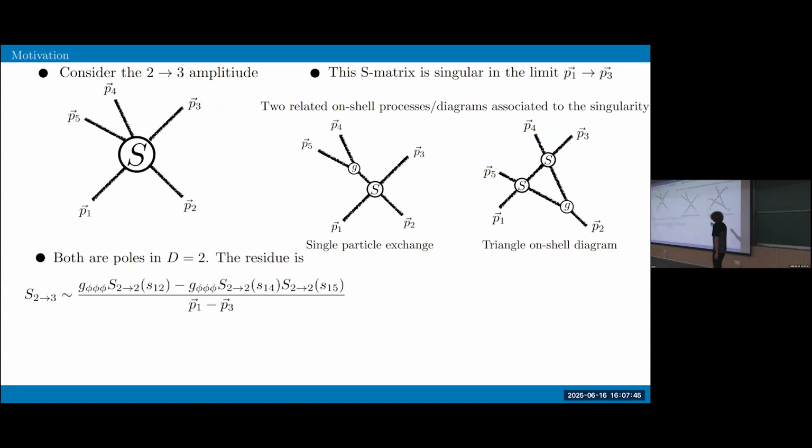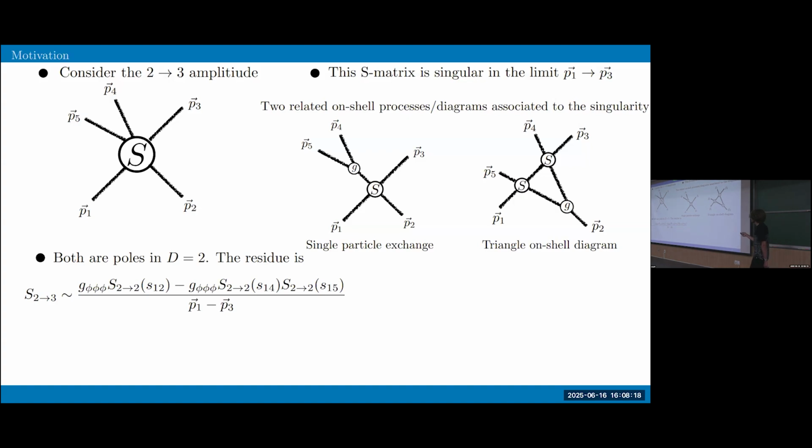Now, in 2 dimensions, these 2 diagrams actually correspond to poles in the S matrix, and the residues are as such. So the single particle exchange has a residue proportional to the cubic coupling times the S matrix evaluated at Mandelstam S12, while the triangle diagram has a residue that's proportional to the cubic coupling times the S matrix 2-to-2 evaluated at Mandelstam S14, and then the S matrix evaluated at Mandelstam S15.